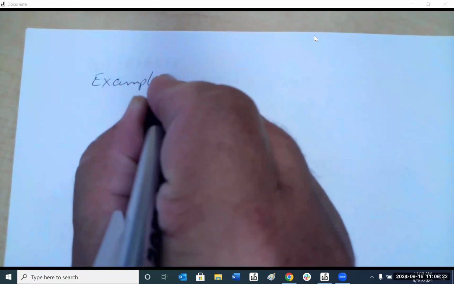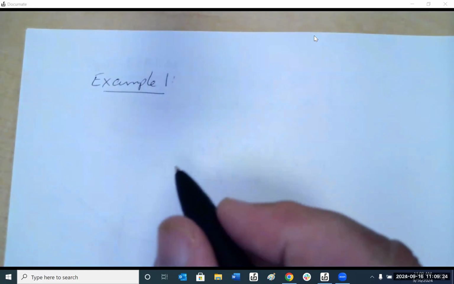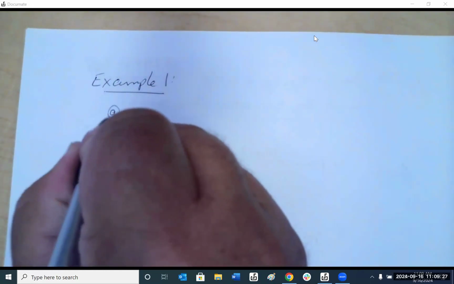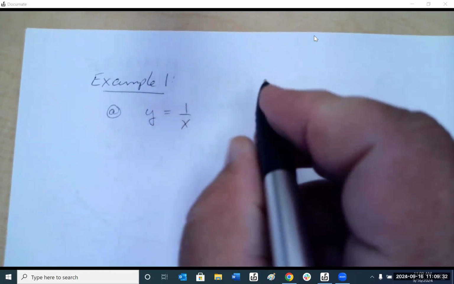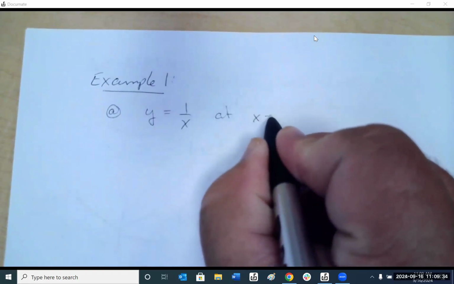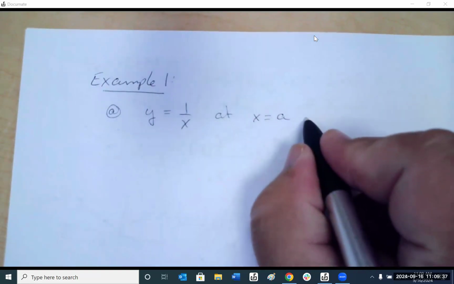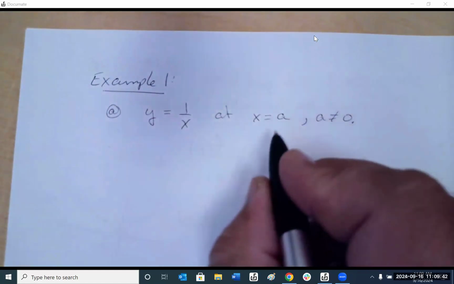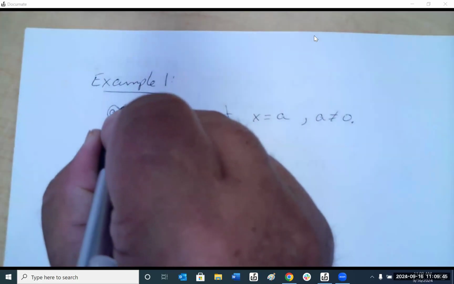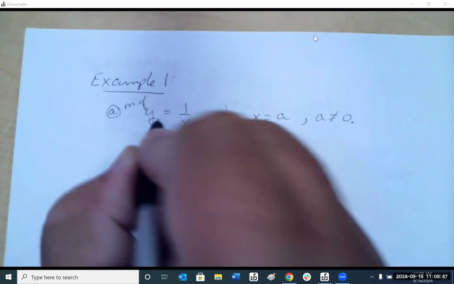Let's look at example 1. Example 1 says A, find the slope of the curve y equals 1 over x at x equals a, where a does not equal 0. The slope of that.